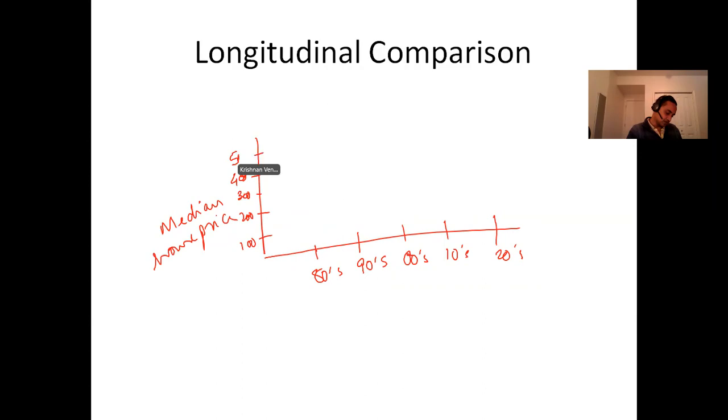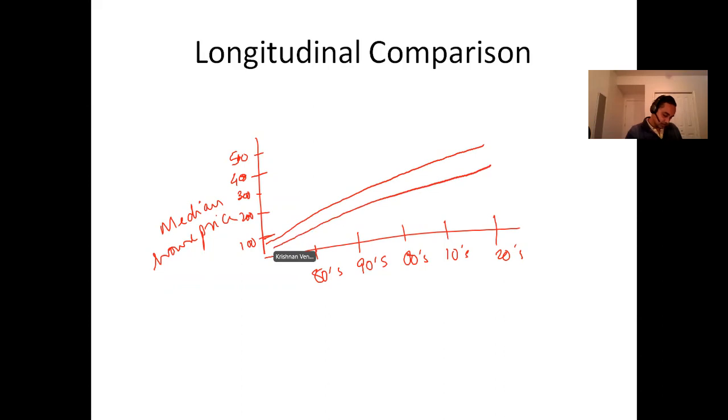This could be anything. I'm just making this up as we go along. So let's say we have Sudbury and we see that it kind of starts here. And North Bay probably starts somewhere here, a little bit lower.